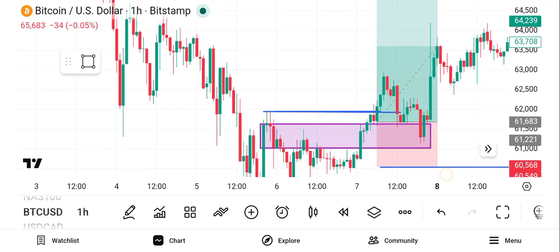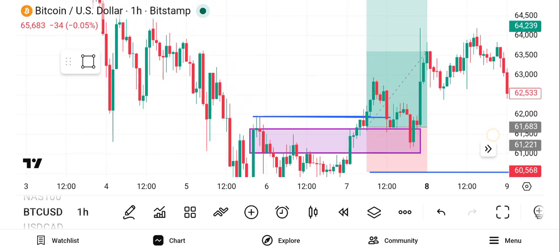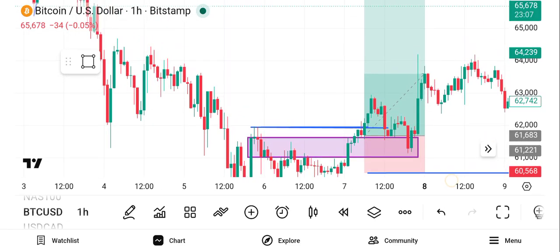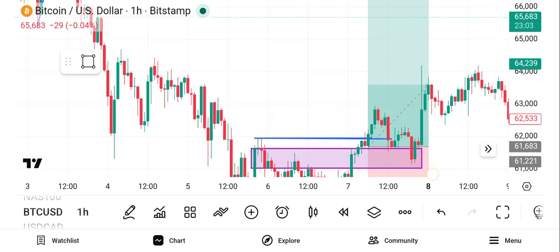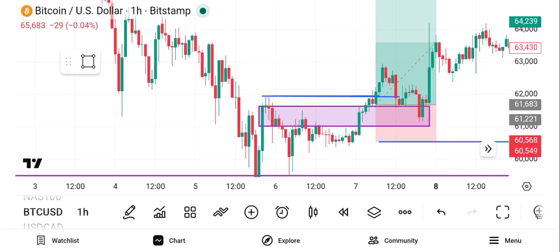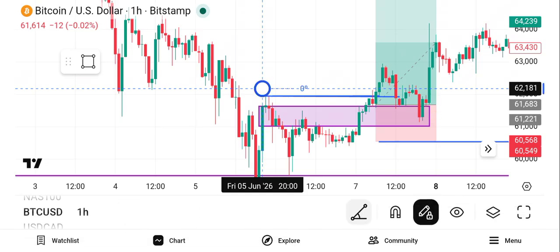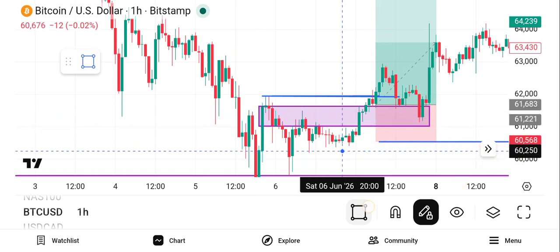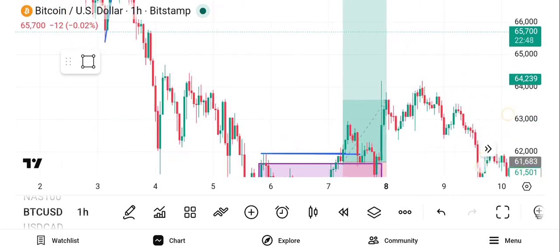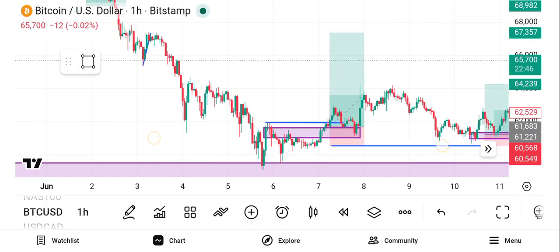So the one that is closest to our inducement is this breaker here. That is why I took this trade from this zone. Mark out this zone, took this trade from here.